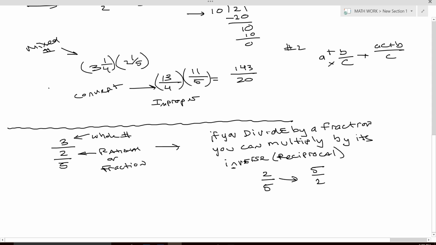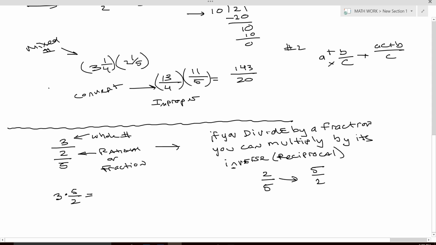So instead of dividing 3 by 2/5, a fraction, I'm going to multiply 3 by the reciprocal of 2/5. So instead of 2 over 5, I'm going to say 5 over 2. Now we can simply multiply across, can't we?